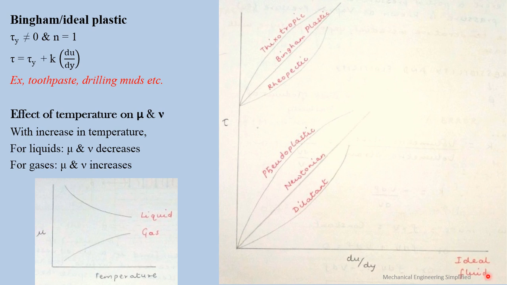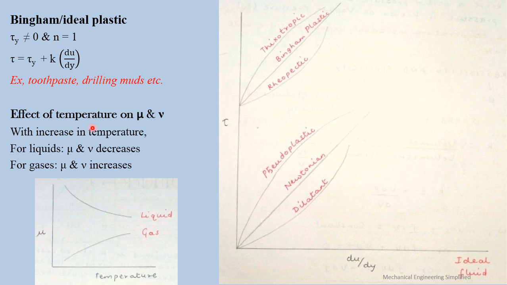Do not confuse this ideal fluid with ideal plastic. This Bingham plastic is the ideal plastic and this is an ideal fluid. This value of tau from this till this point is known as the yield shear stress, after which in the case of Bingham plastic it flows readily, and the shear stress is directly proportional to velocity gradient.